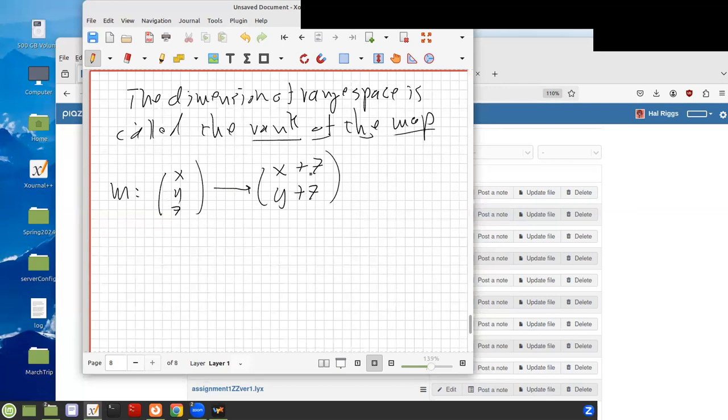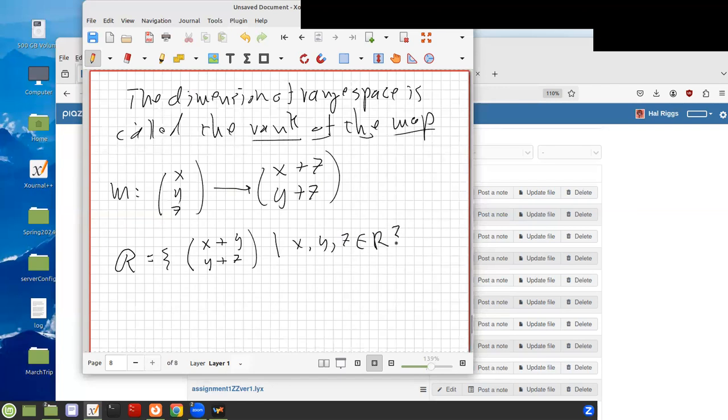Well, the range space is all of these. So you take all the images, you say the range space R is equal to all the X plus Z, Y plus Z, such that X, Y, and Z are any real numbers. That's what you mean by the range space. It's just all of these for arbitrary X, Y, and Z.